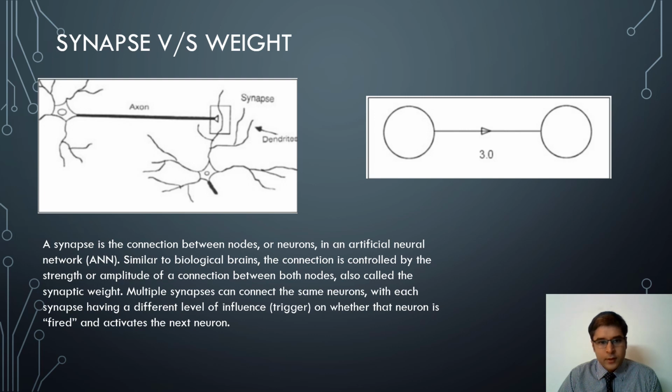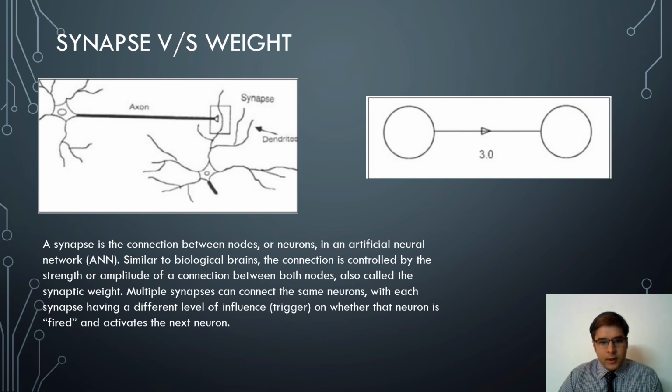Synapse versus weight. In a biological neuron, when two neurons are connected to each other, there is a synaptic gap in between them, and the second neuron accepts input only when the first neuron has a certain set of inputs that cause an activation on that neuron, which causes it to fire output to the axon and pass it to the next neuron via synaptic gap neurotransmitters.